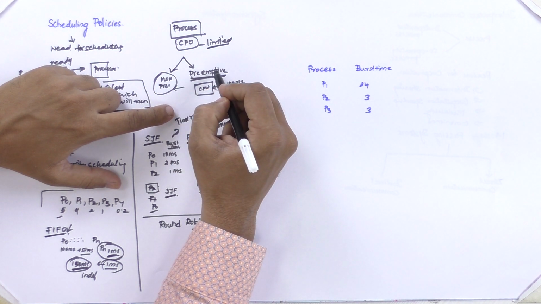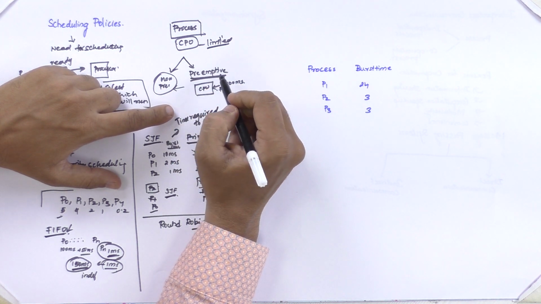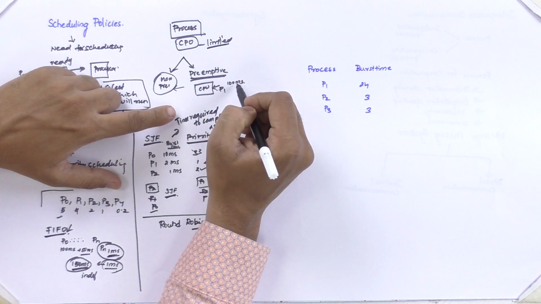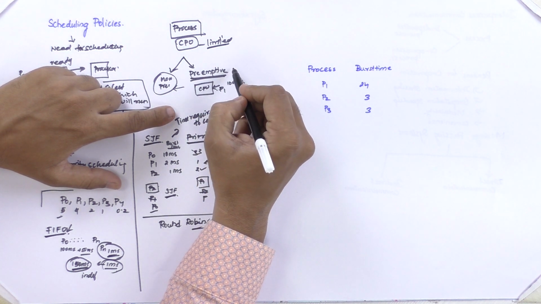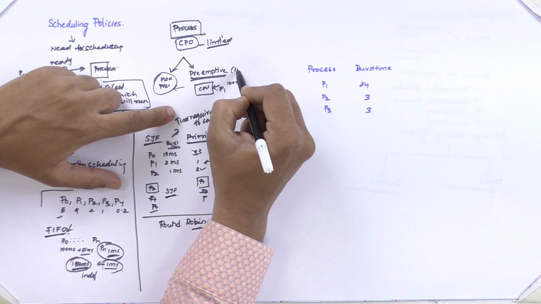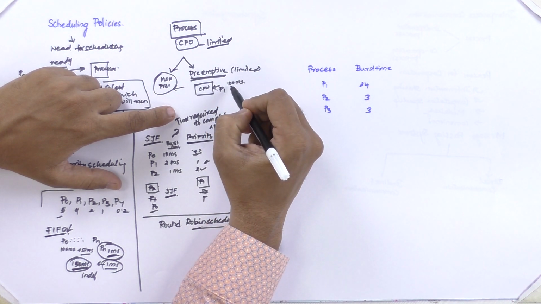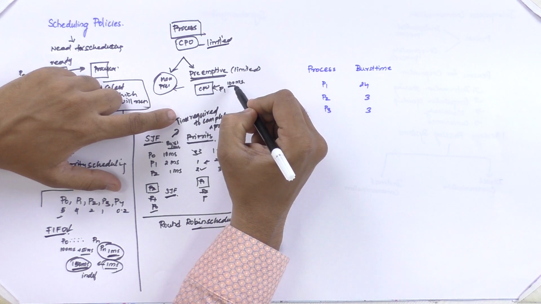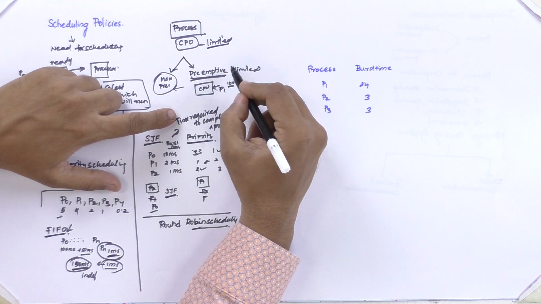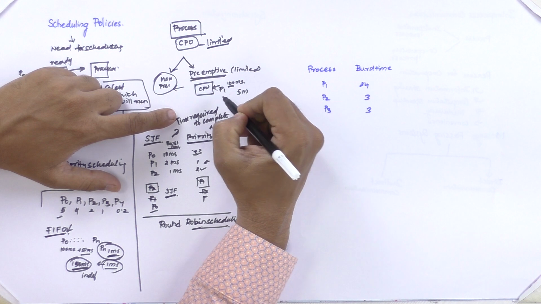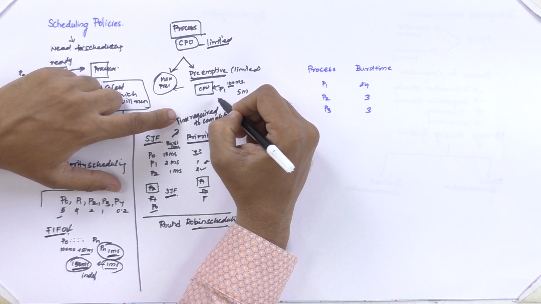And what is preemptive scheduling? I have a CPU, I allocate it to a process, and that process will be allocated the CPU for a limited amount of time. For example, if a process requires 100 milliseconds to complete its work, and the time slice I have given is 5 milliseconds, process P1 will start and run from time 0 to 5.